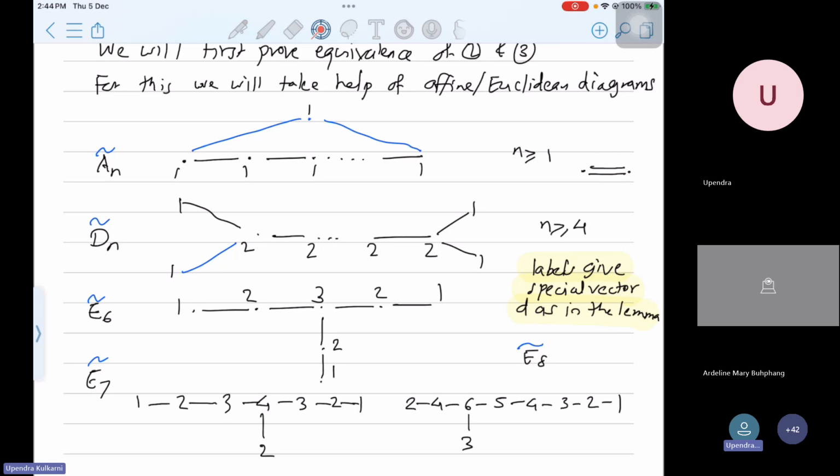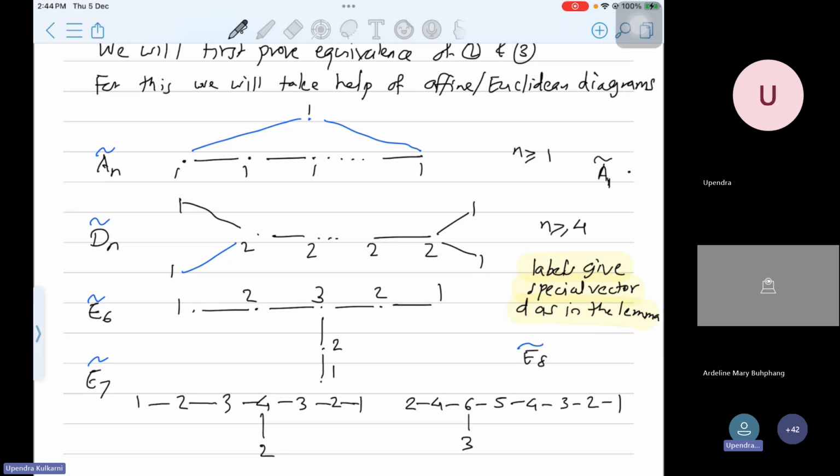So I should say one thing. This A n tilde you have to kind of understand. What is A1 tilde? Or maybe A0 tilde.